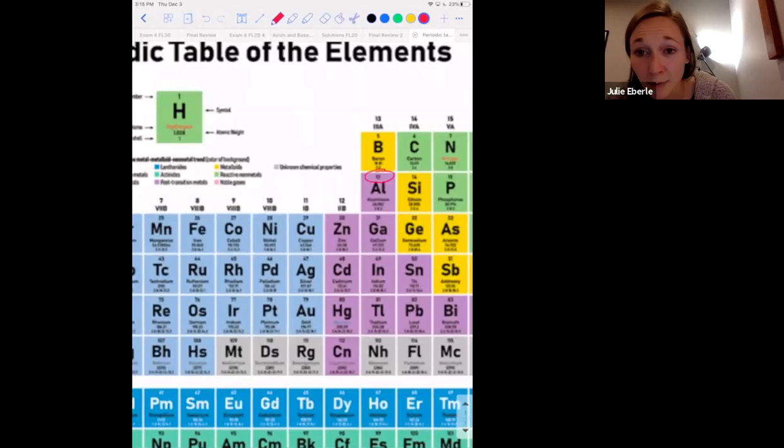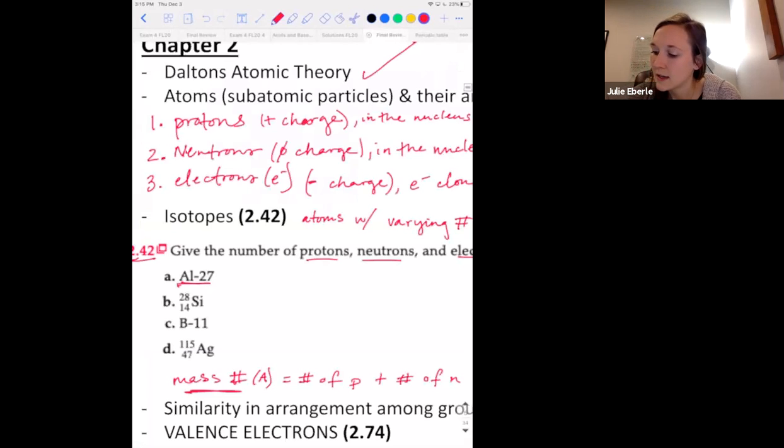So you will look at a periodic table. You'll get the atomic number. It's the one at the top. So that is the number of protons. So there are 13 protons in aluminum. And we know in any neutral atom, the number of electrons is identical to the number of protons, always. Now, when we get to cations and anions, that's different.